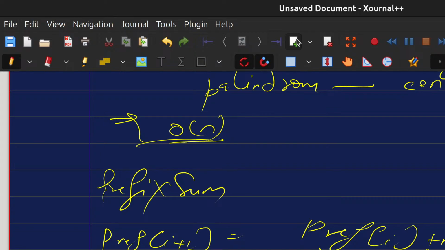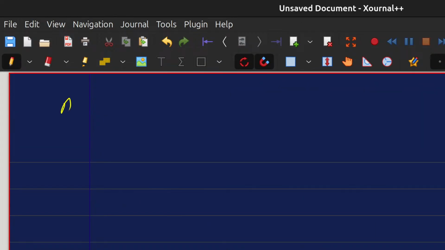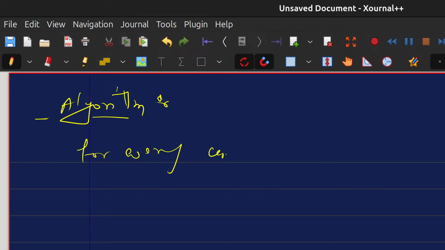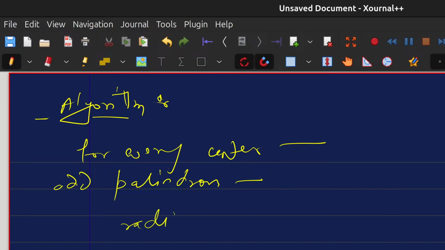Okay, so what will be the algorithm to solve this problem, right? The algorithm will be like this. For every center, for an odd palindrome it is like this, right? Radius is equal to d1 of i. L is equal to i minus radius plus 1.